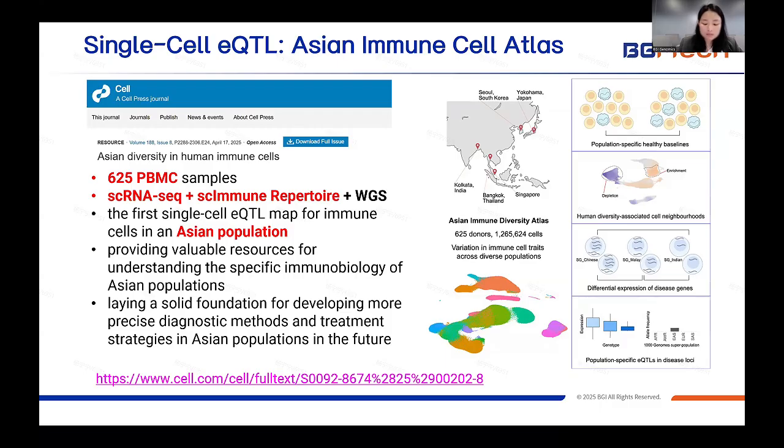The analysis is very important because it provides an invaluable resource for understanding population-specific immune biology and lays a solid foundation for developing more precise diagnostics and therapies for the Asian population.